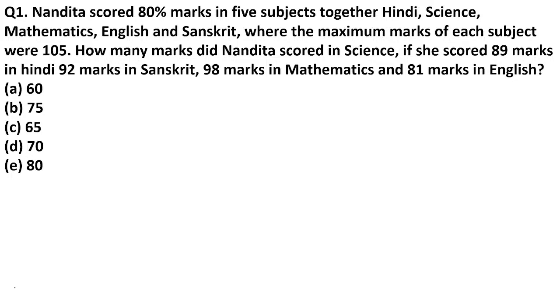Take your time and solve the question. First of all, tell me, is the question clear to you guys? Have you understood the question? What is the question talking about? Okay.